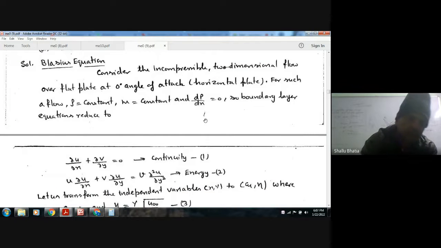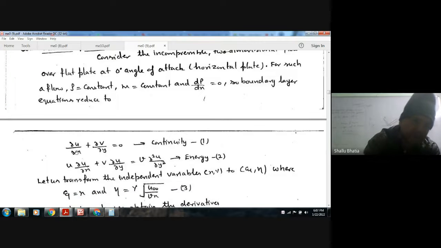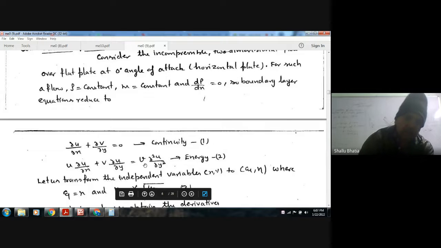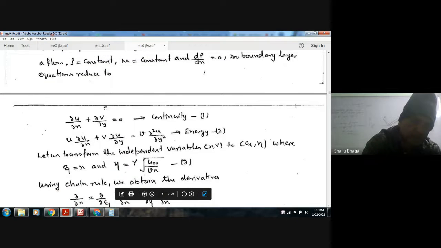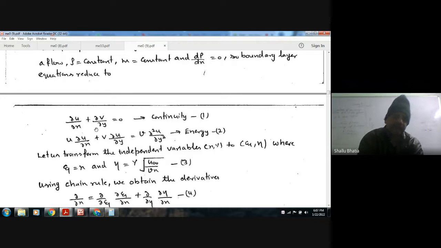So the continuity equation is given by ∂u/∂x plus ∂v/∂y equal to 0, and the momentum equation is given by u ∂u/∂x plus v ∂u/∂y equal to mu ∂²u/∂y². Now, in this equation there are two independent variables, x and y.